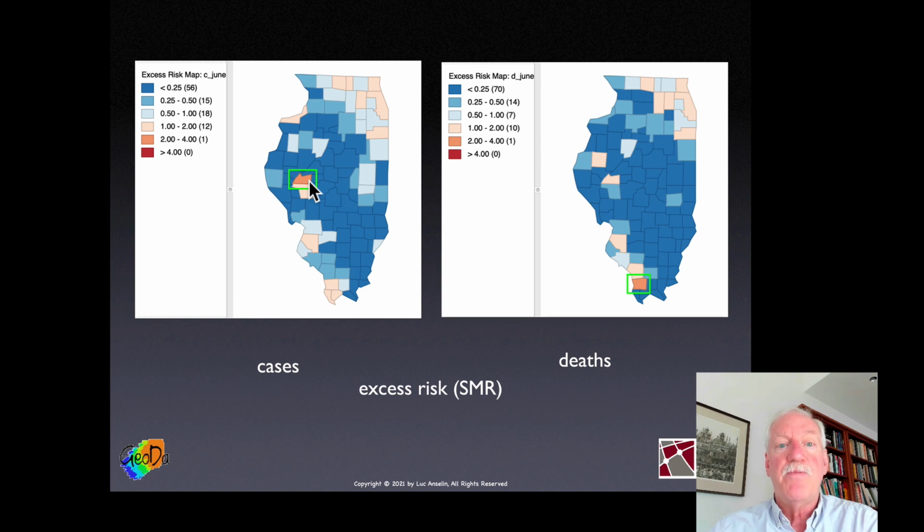At that time, there were still many counties in Illinois that had no cases at all, or very few cases, or had no deaths at all. But even in the case of the deaths, we find a particular county that has a rate of more than 2 times the average for the state.